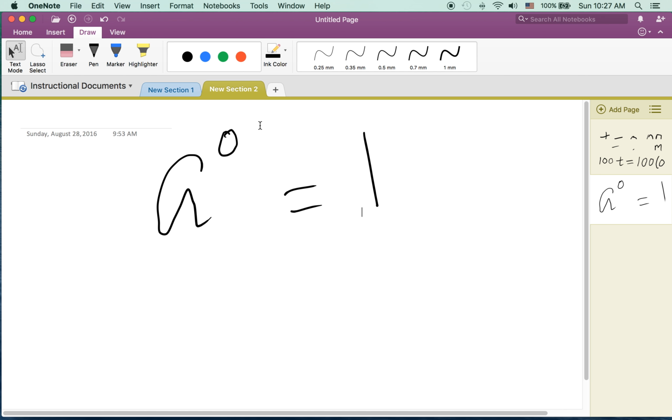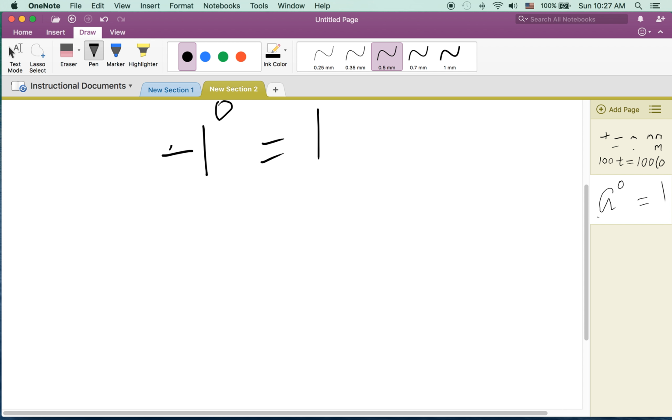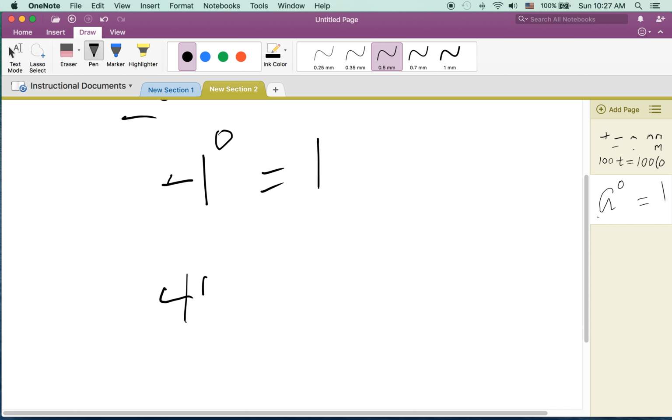So for instance, negative 1 to the 0th power is 1, interestingly enough. Let's go over some more examples. 40 to the 0th power, hey, it's 1. 0.0001 to the 0th power, hey, it's 1.